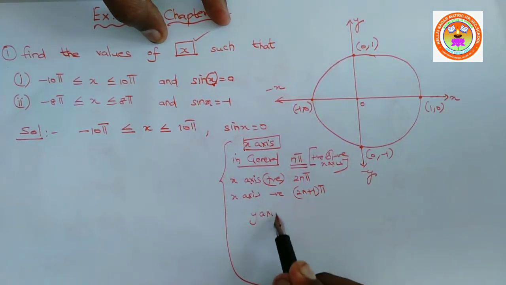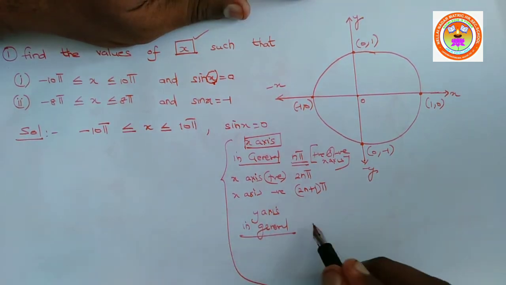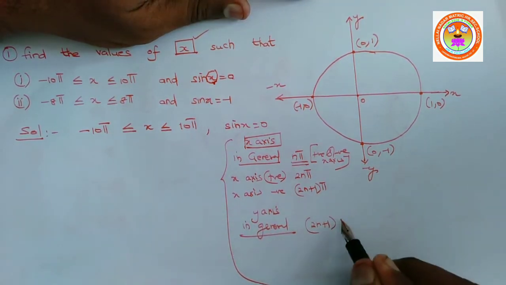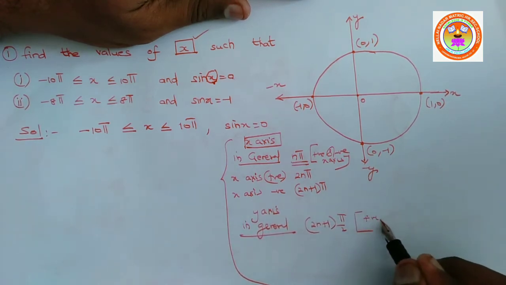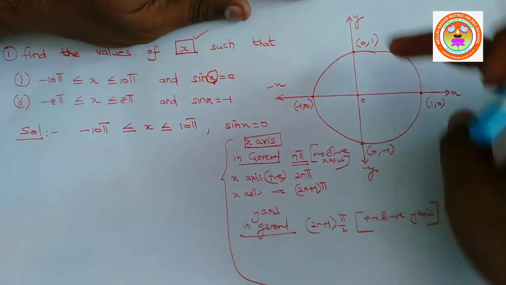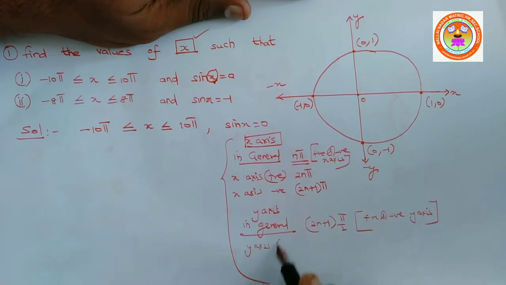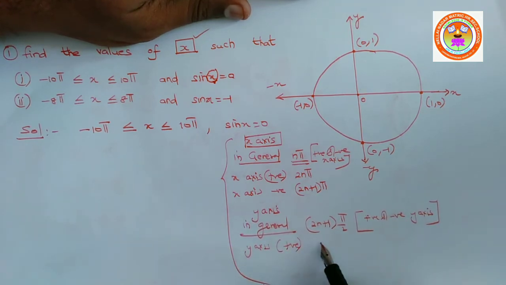And the y-axis in general is 2n plus 1 pi by 2, that is the full y-axis, positive and negative y-axis. For the y-axis positive, you will remember, it is 4n plus 1 pi by 2.